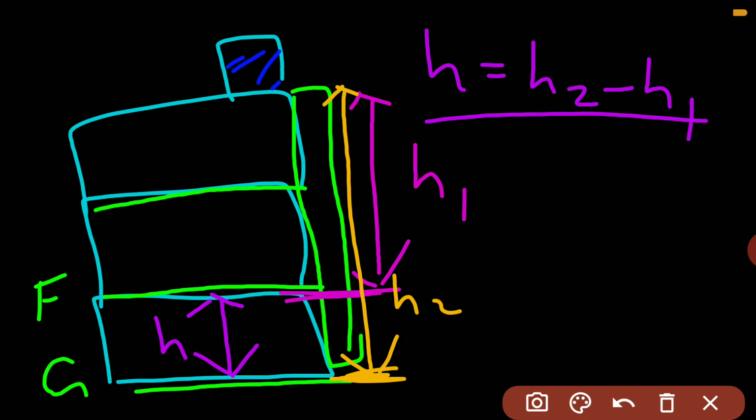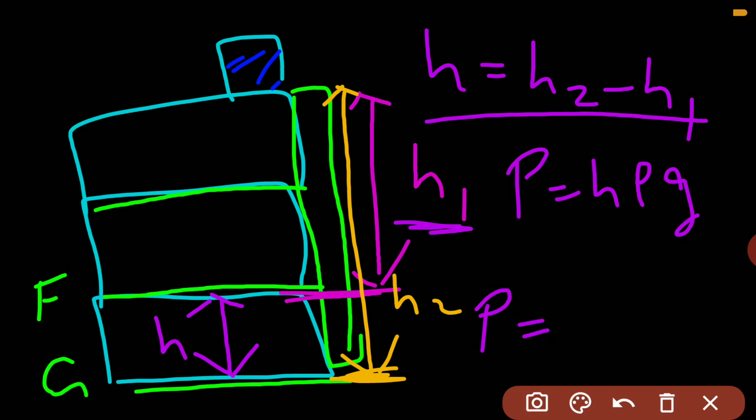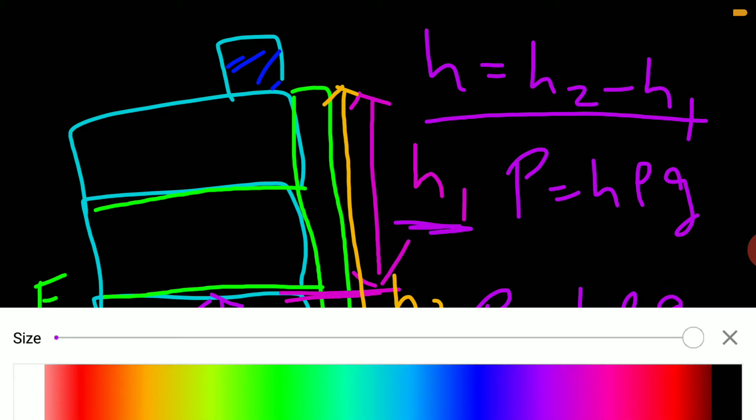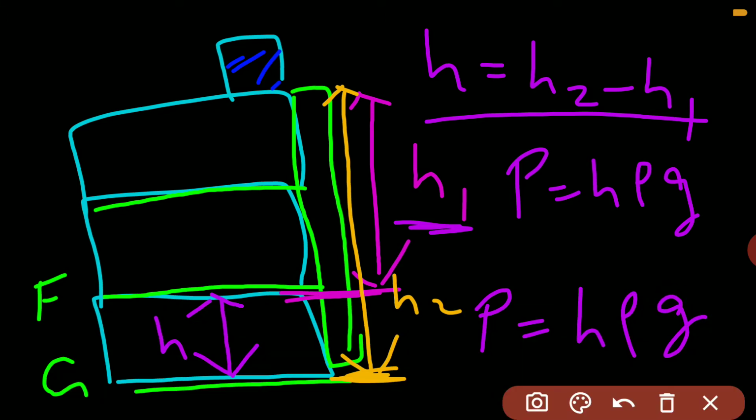Now to get this height H1, what I can do is I can use the formula P equals to H rho G. Similarly here also I can use the formula P equals to H rho G, for which the pressure is given to us for each floor, right?